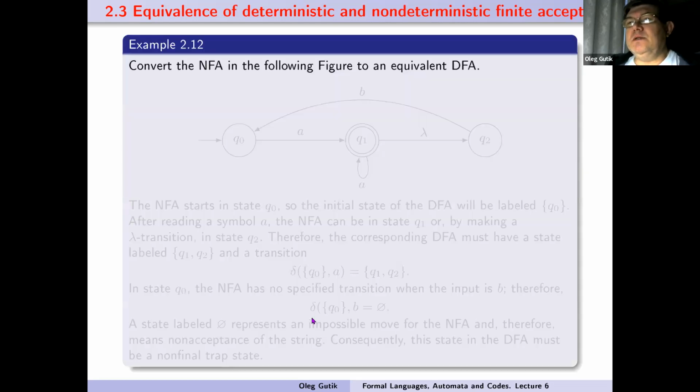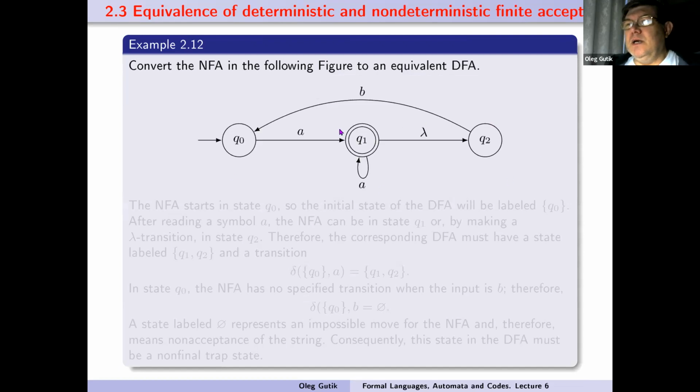Compare the non-deterministic finite acceptor in the following figure to an equivalent deterministic finite acceptor. We have the acceptor with initial state Q0 and final state Q1. Our alphabet consists of two letters, a and b.